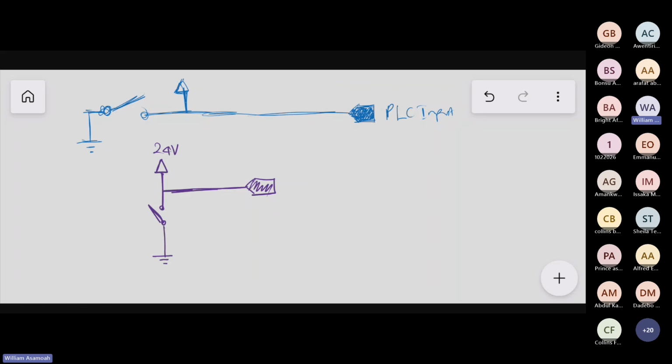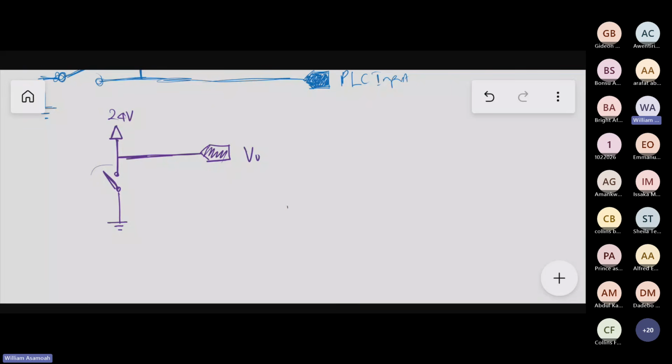Is that right? So if I open it, the switch here is open. So the voltage at the output, when the switch is open, is at 24 volts. Please, do you understand? You can see that it's connected in parallel with the 24, so it's at 24 volts. Please, do we all agree?